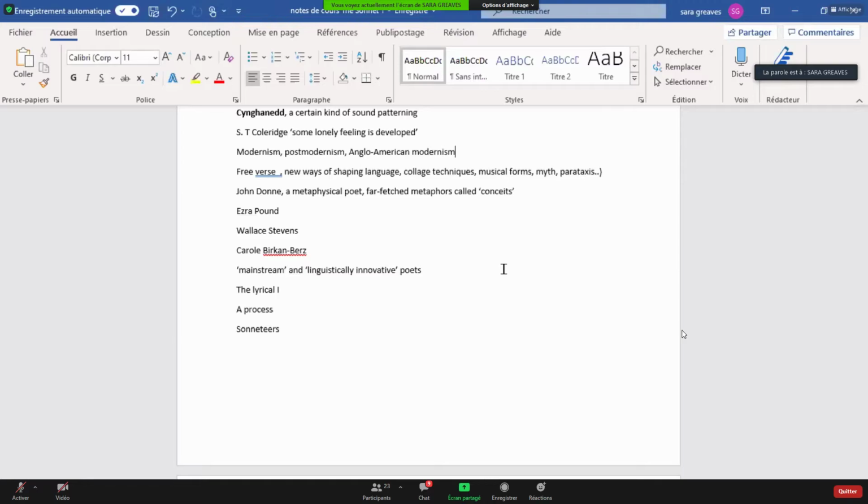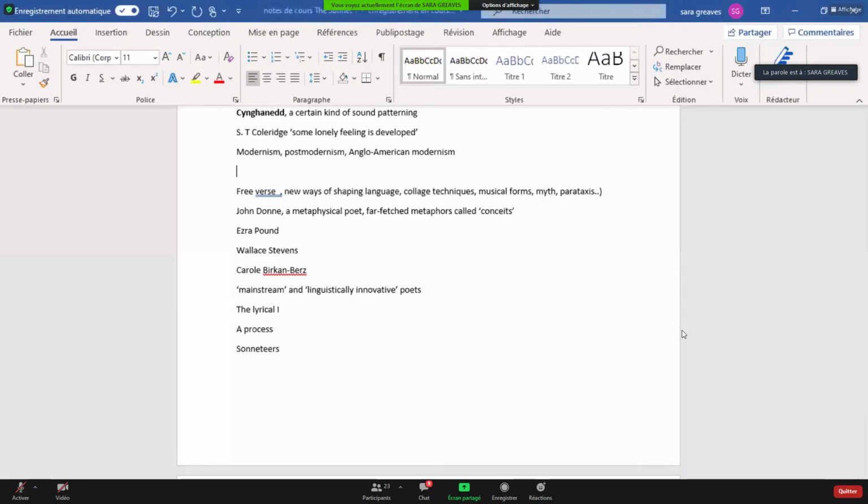Okay, and was greatly due to Ezra Pound, two American poets, and T.S. Eliot, who both came to Europe, and particularly to England, and also Italy and France.